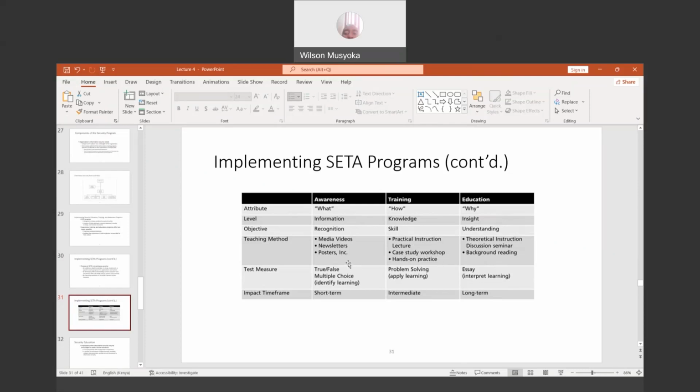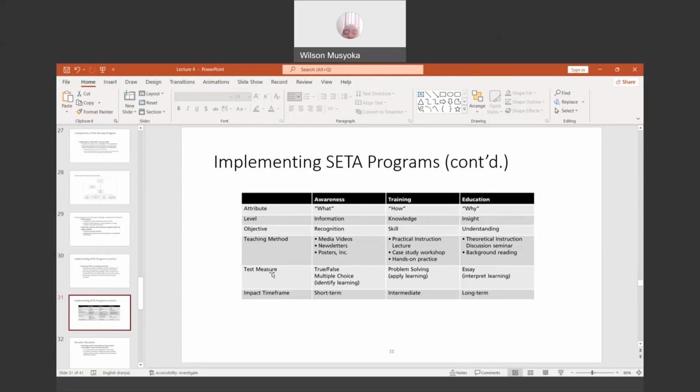In awareness, you give media videos, newsletters, and posters so that people, when they look at it, can remember. Like you record a video of the training, and somebody can watch it after some time to remind themselves or to have the awareness that they need.